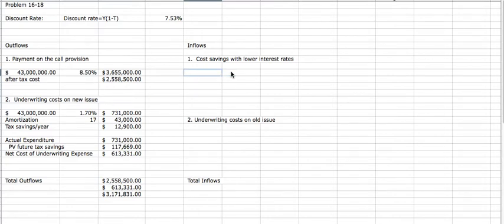So I can calculate this. The old bond is 11.75%. I'm going to go ahead and calculate all of this in this cell right here.